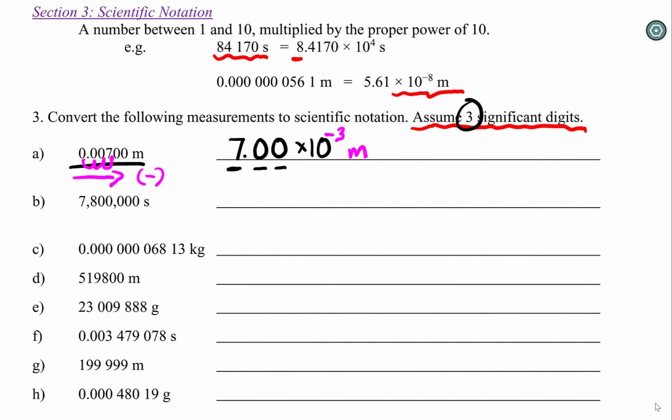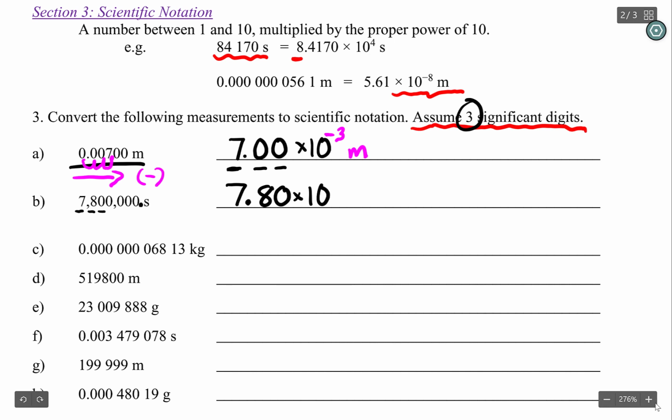Looking at our next one, I would start at where the decimal place would be, which would be right here. And then I would write down my three significant digits, starting with my first real non-zero number, which is 7, then 8, then 0. So 7.80. Those are my three significant digits, times 10 to the power of.